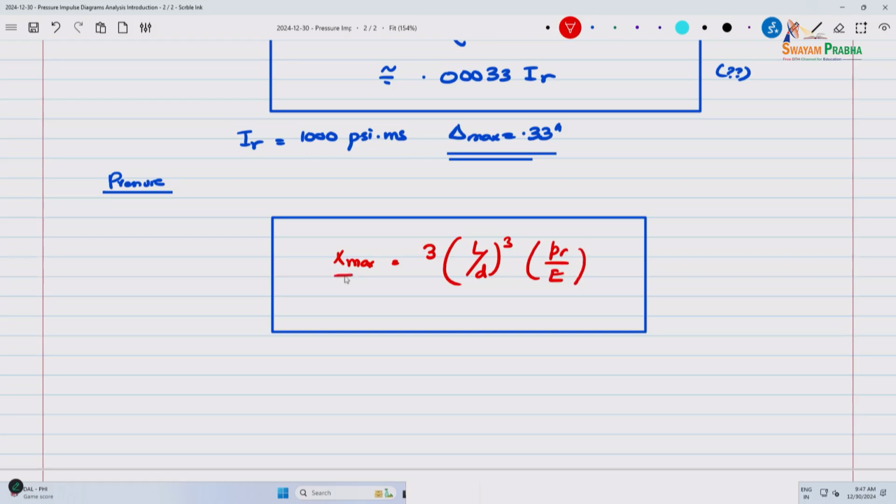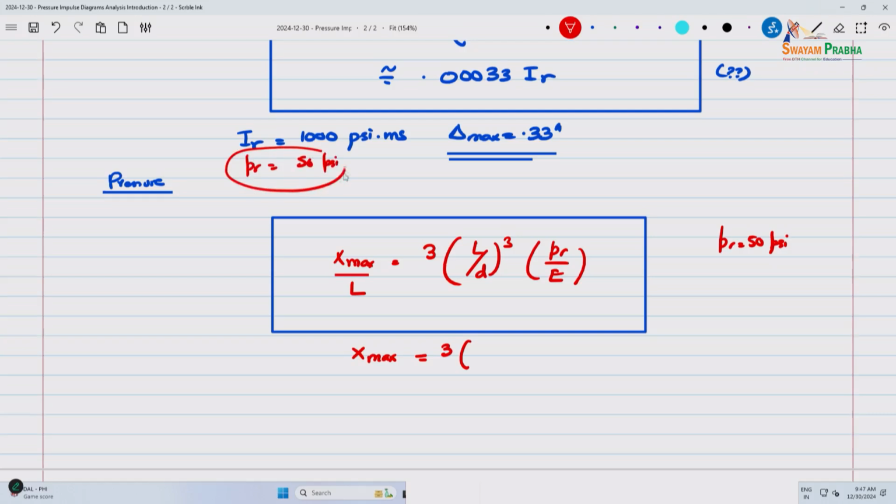So this is X max divided by L. So in this case, X max, let's say the pressure is 50 psi, and so the X max in this case comes to equivalent pressure. Let's say this was IR and PR is 50 psi.